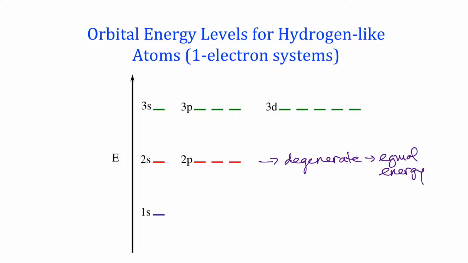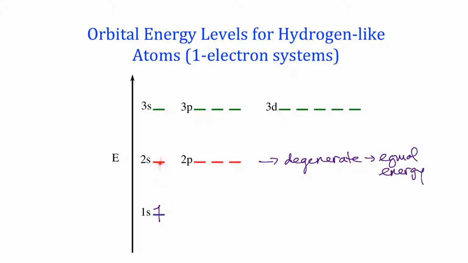As you put electrons into these orbitals, again, you're only dealing with one electron. So you start off with your lowest energy. You can put a little electron in there, spin up or spin down if you wanted to. You would be able to excite that electron up into these different orbitals that all have the same energy level.